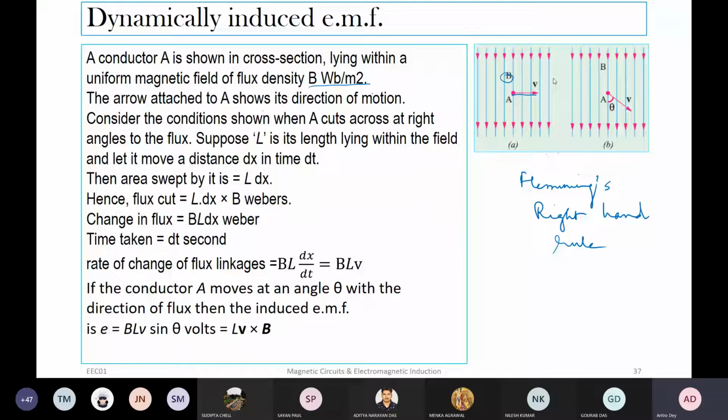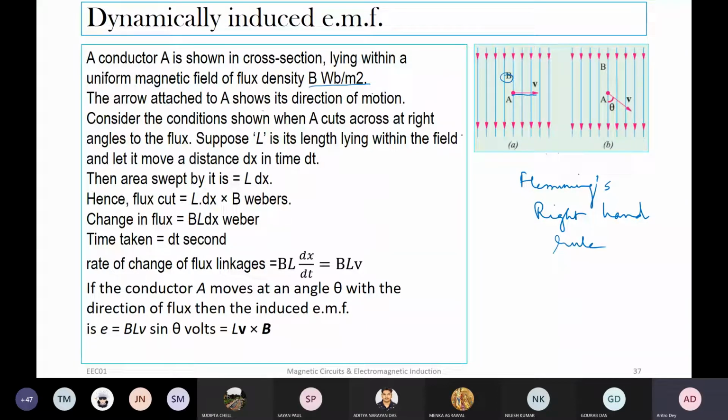There is a variation of the flux linked with the coil, isn't it? The direction of motion of the conductor is shown as V here, which is perpendicular to the direction of the field. Consider the condition when A cuts across at right angle to the flux, as shown. Suppose L is the length lying within the field.